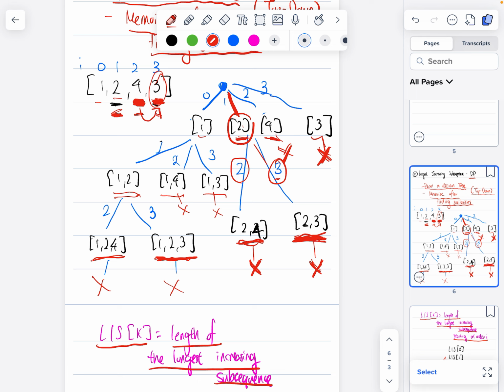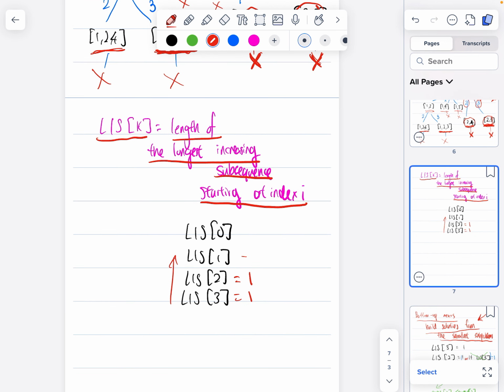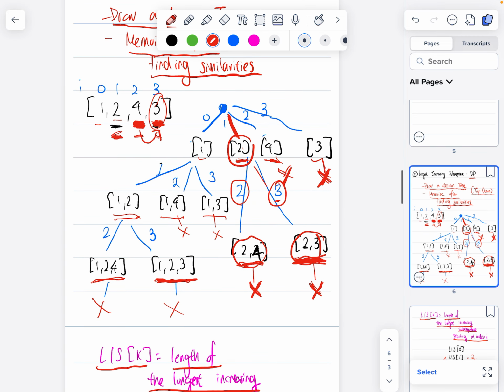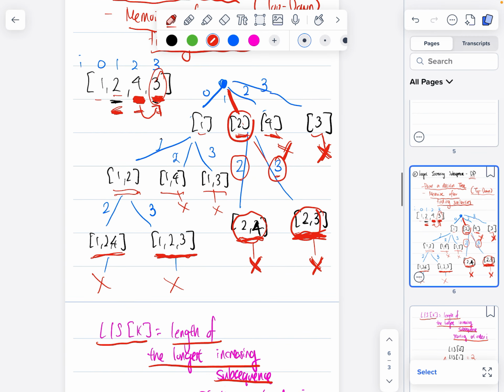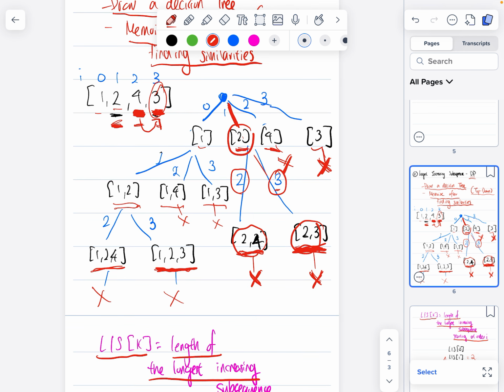So if we start at index 1, the longest possible length we can have is 2. That's the only thing we can have, so that's why this becomes 2. Now this is a big bad boss here. You start with this branch, you add 1, and then you populate the tree accordingly. This is how you get it.